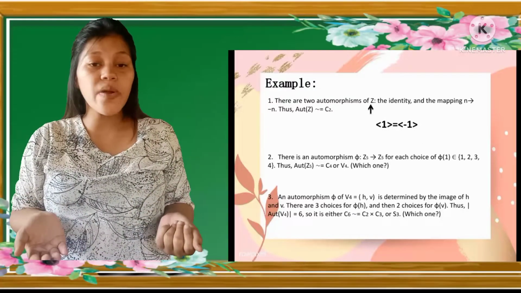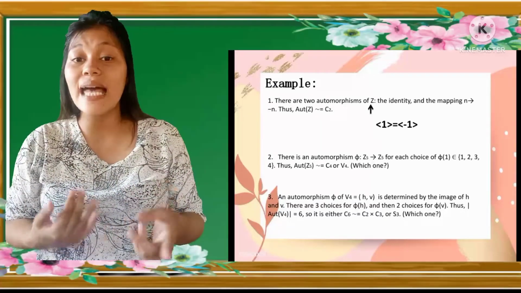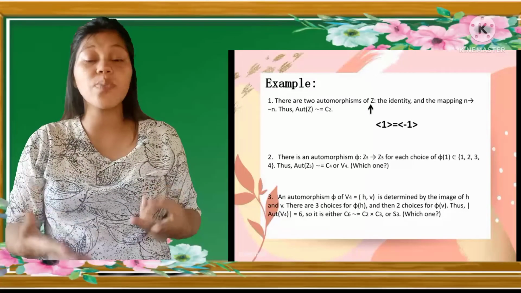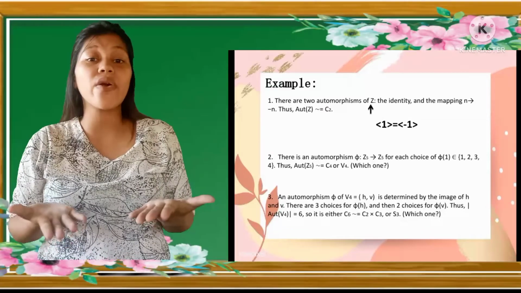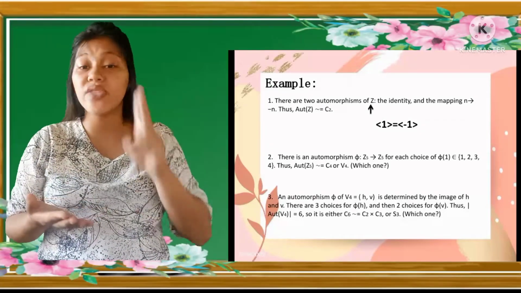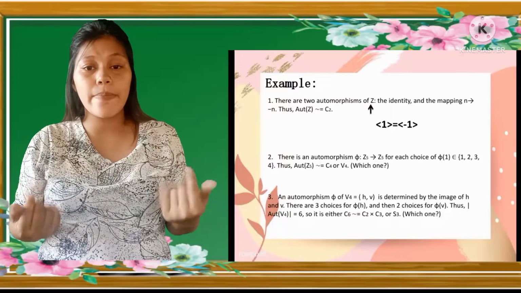So the automorphism group of the integers, since it has size 2, is isomorphic to the cyclic group C2, or you can call it Z2 if you prefer, or you can call it S2 because it's a permutation of two elements. These are, of course, all the same.